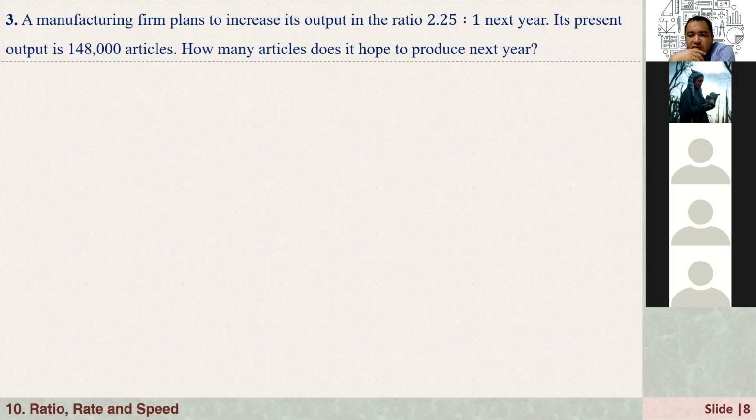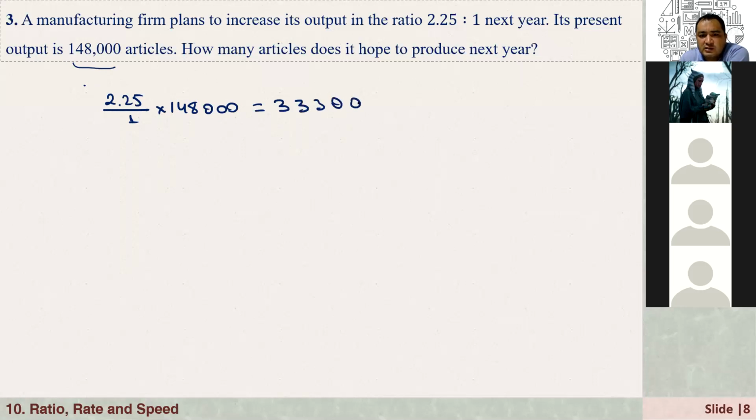Your answer is 33,300, right? And Selin got the same answer. Here we have 148,000. If you multiply 2.25 over 1 by 148,000, that's equal to 333,000. But a 0 is missing in your answer.